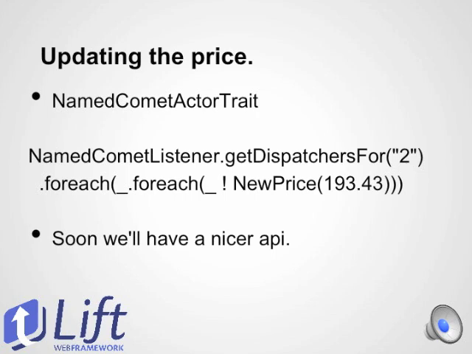In this case, let's say that the Chromebook was item number 2, so you can use item number 2 as the key to say that if this Comet is looking at item 2, it means that it's looking at the Chromebook. So getDispatcherFor 2 gives you a future, and inside the future there's a Box, and inside the Box there's a Lift actor.